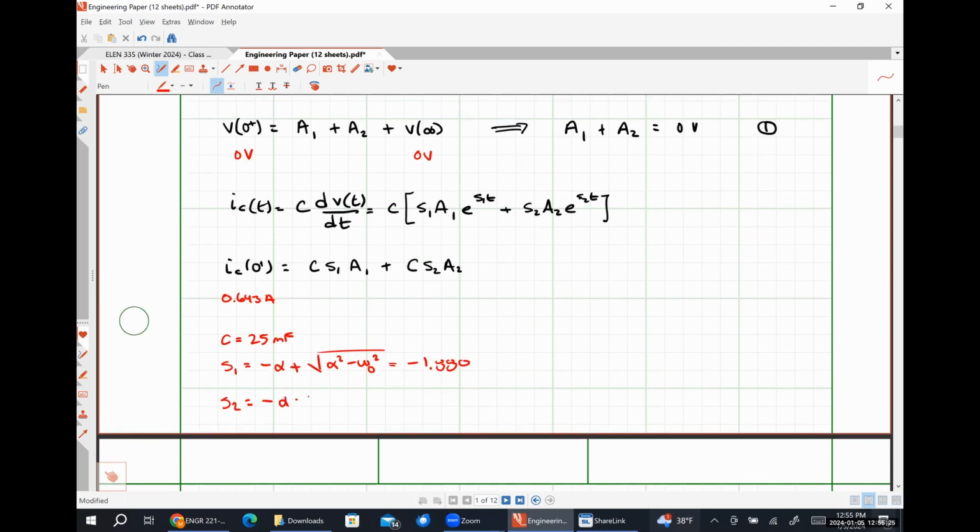S2 is negative alpha minus the square root of alpha squared minus omega naught squared. So that is negative 10/3 minus the square root of 10/3 squared minus 3 squared, or negative 4.786. And both of these should have units of per second because they are a frequency.